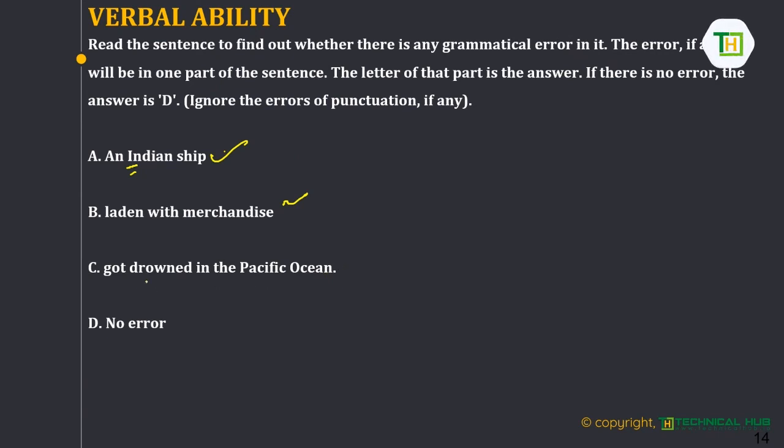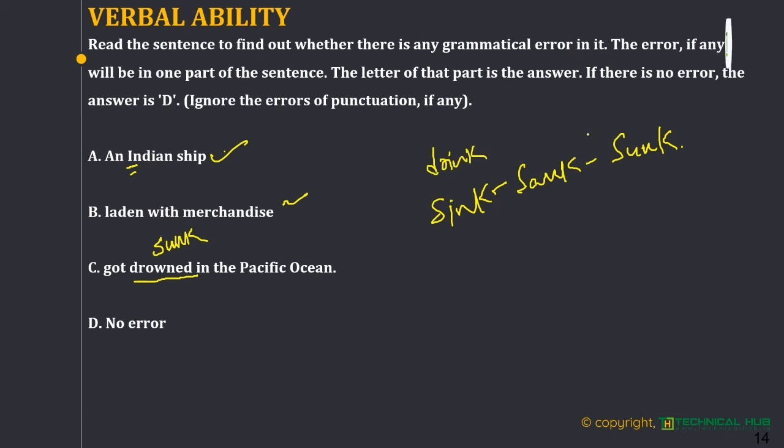So here, instead of drowned, we can use "got sunk." Please remember the forms are sink, sank, sunk. It is almost like drink, drank, drunk; sink, sank, sunk. The ship has sunk into the Pacific Ocean.